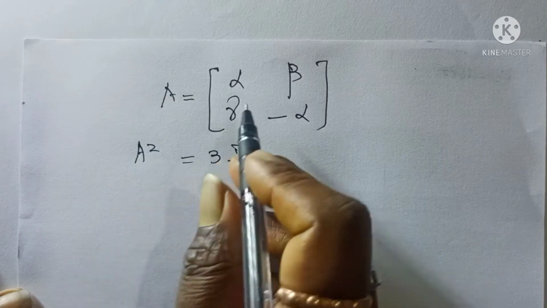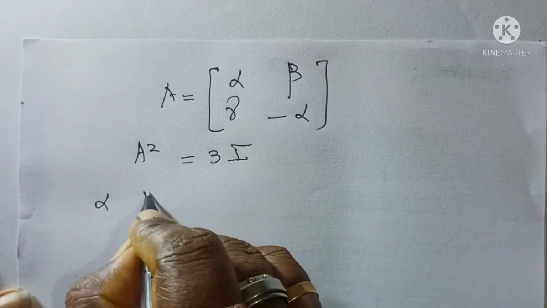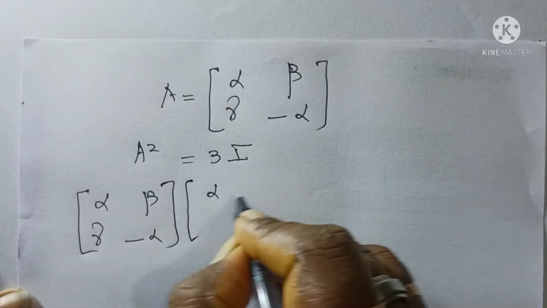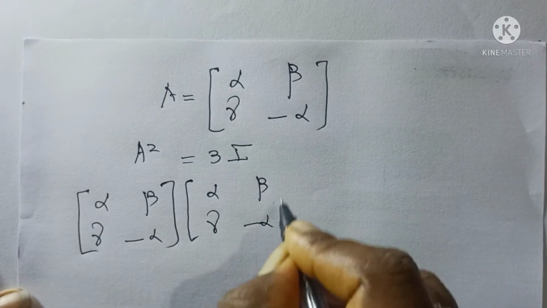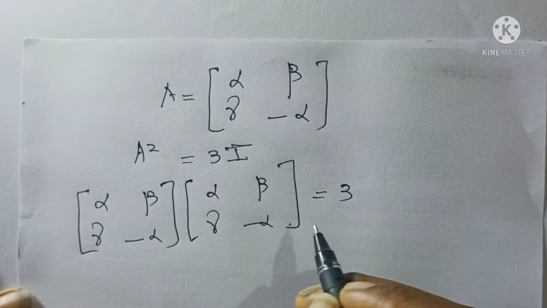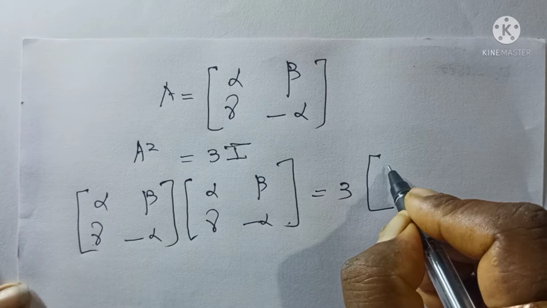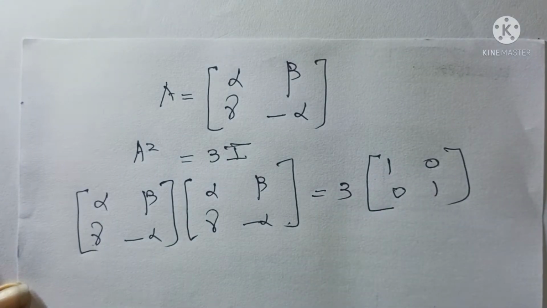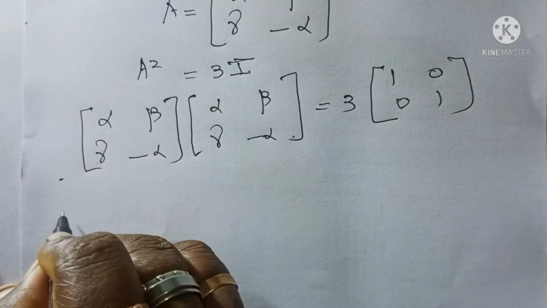A square means A into A. So [alpha, beta; gamma, minus alpha] into [alpha, beta; gamma, minus alpha] is equal to 3 into I. Here it is a 2 by 2 matrix, correct? So you have to write the 2 by 2 identity matrix [1 0; 0 1]. Then you have to multiply these two.